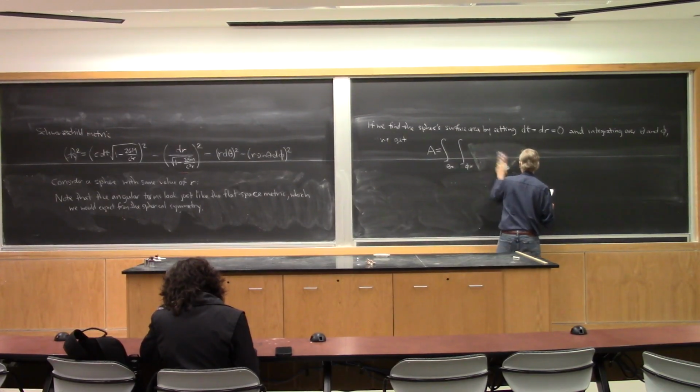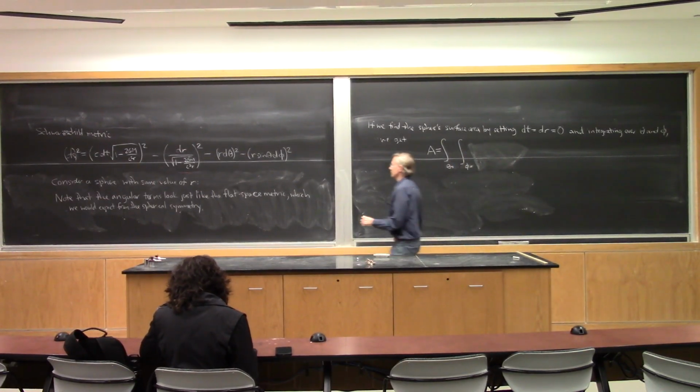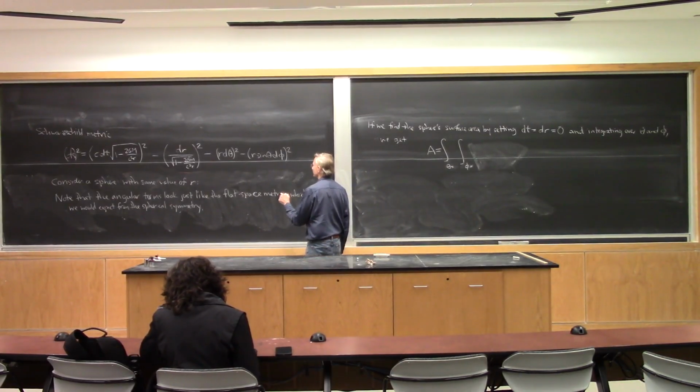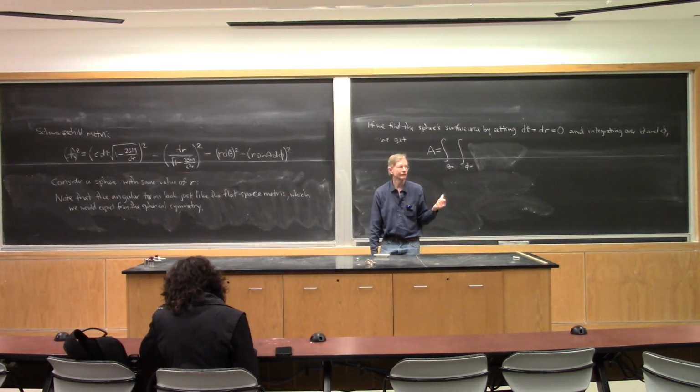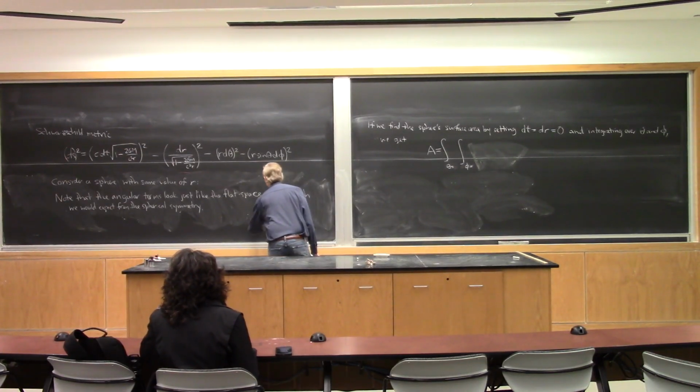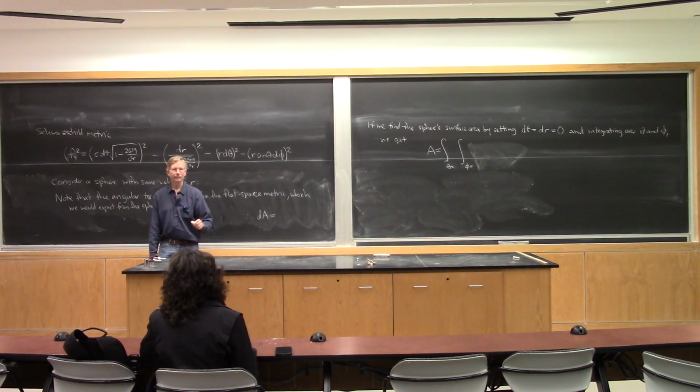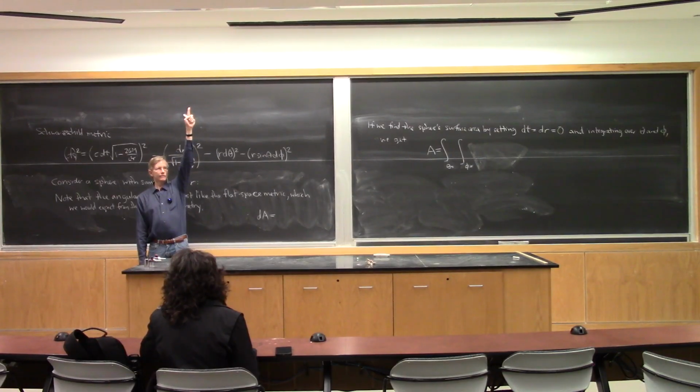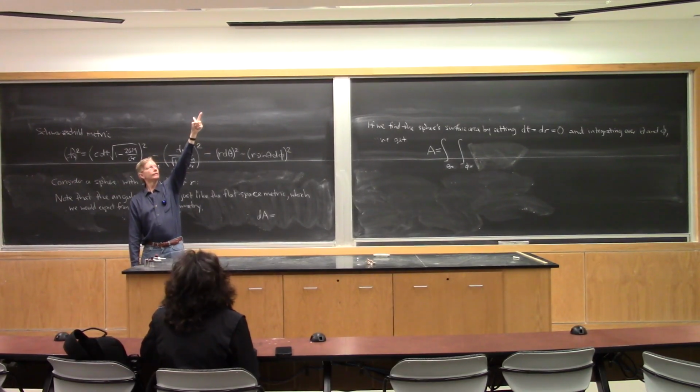Okay, so think in terms of area on a sphere. What's the area element in spherical coordinates? dA is going to be the arc length in the theta direction times the arc length in the phi direction. So what's the arc length in the theta direction? I make a little r and swing d theta; what's the distance?